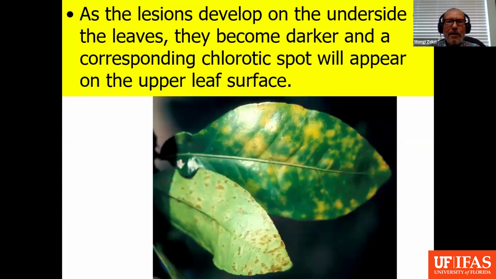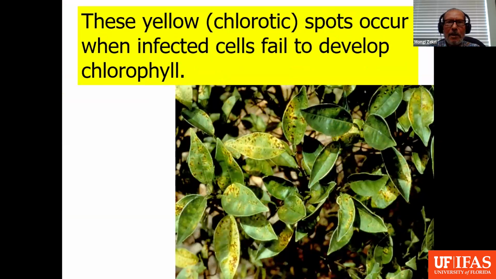As the lesions develop on the underside of the leaves, they become darker and a corresponding chlorotic spot will appear on the upper leaf surface. These yellow or chlorotic spots occur when infected cells fail to develop chlorophyll.